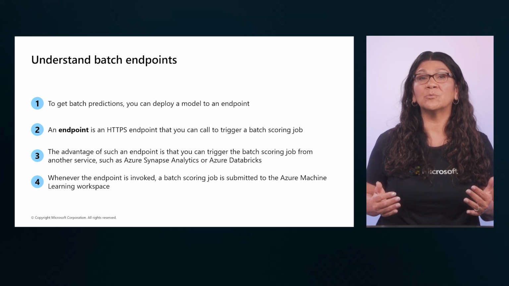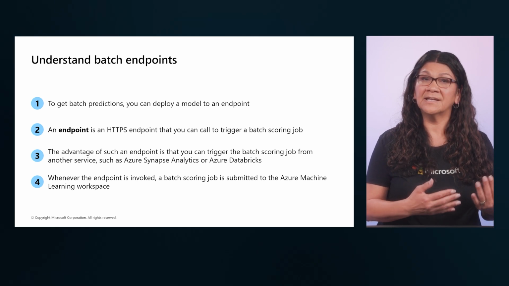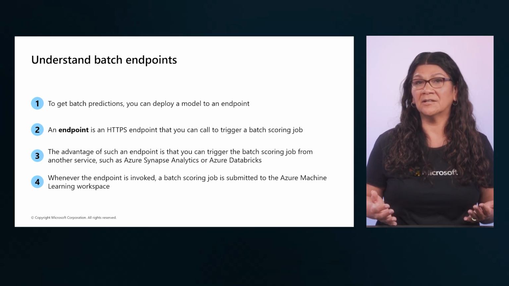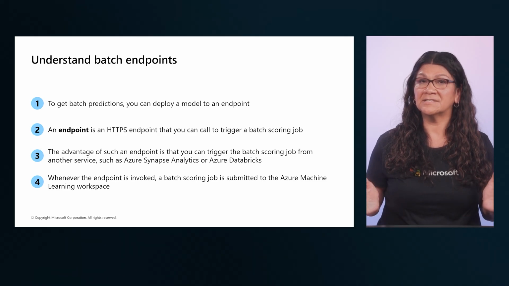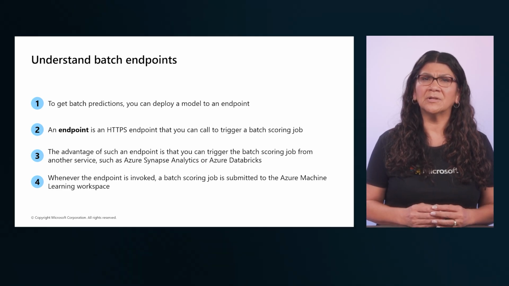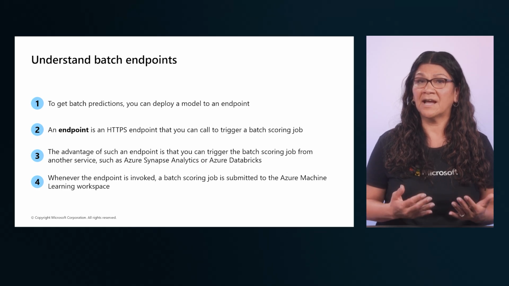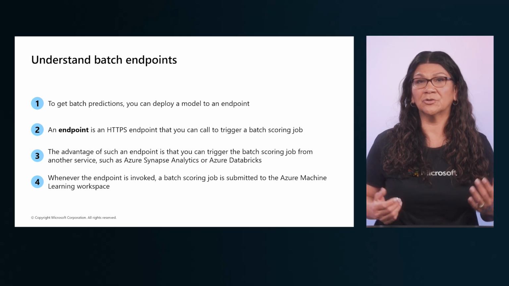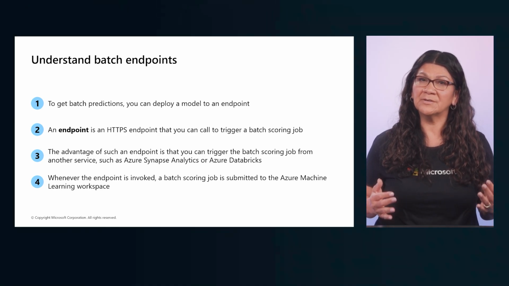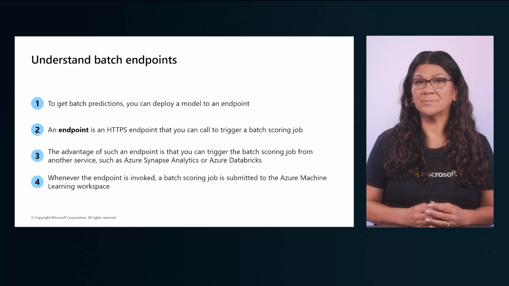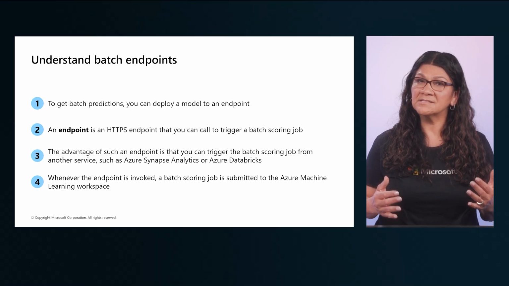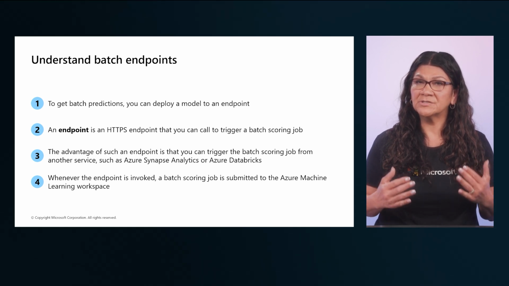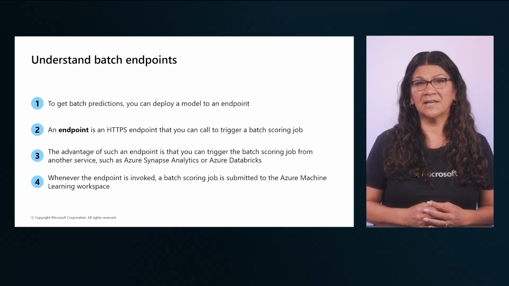The results can be written back to the data store connected to the workspace, making batch endpoints ideal for integrating with broader data pipelines. For example, a retailer may run a nightly job that scores millions of customer records for churn risk. A data pipeline, for example from Azure Synapse or Databricks, calls the batch endpoint, which launches the scoring job and stores predictions for downstream analytics.